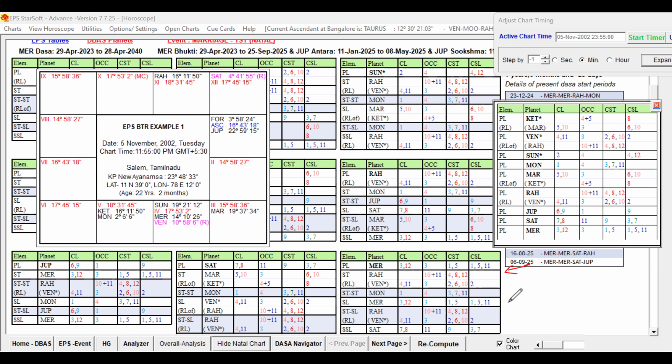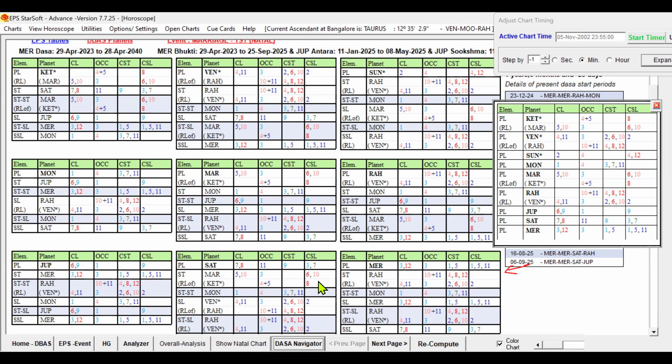But by adjusting the birth time, if any other planet is better than Mercury, that Bhukti would have given the marriage. But Mercury Bhukti itself has given it, so it should be the strongest one. That is what I was trying to explain by studying all the planets, because comparative study is most important.